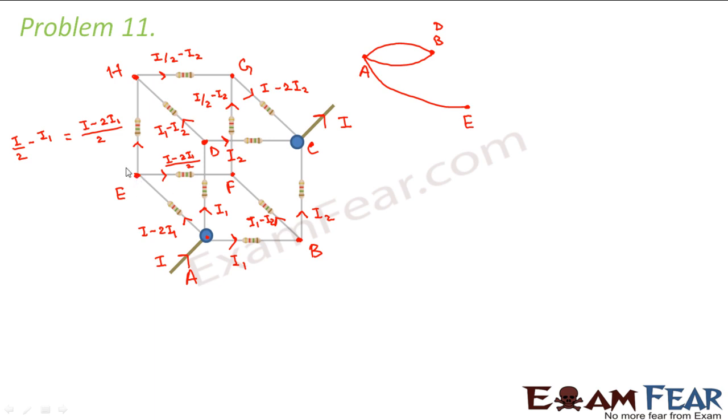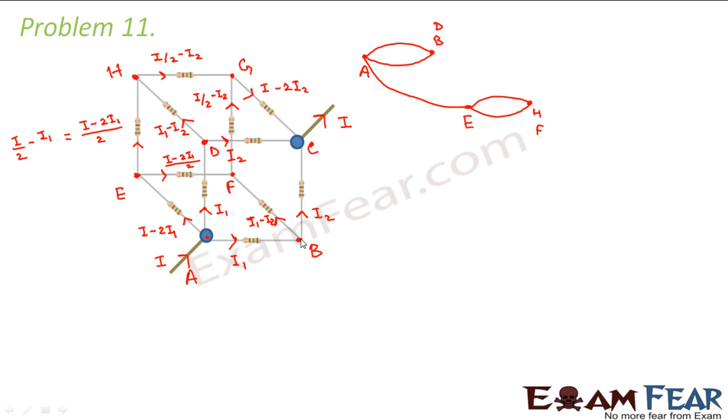Now from point E, you see the same amount of current is going to point H and point F. And what happens to points B and D?